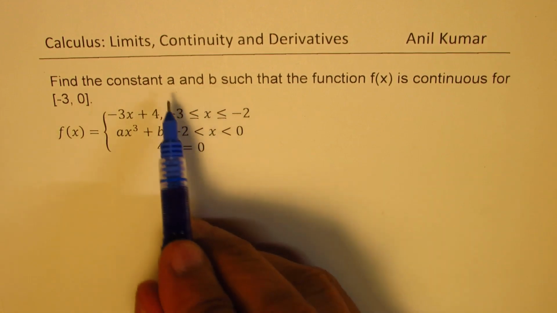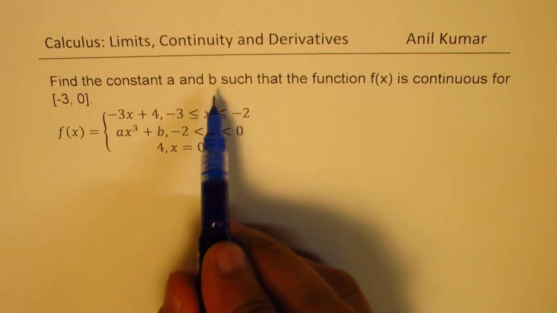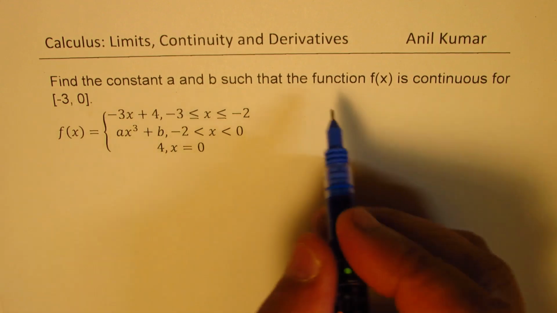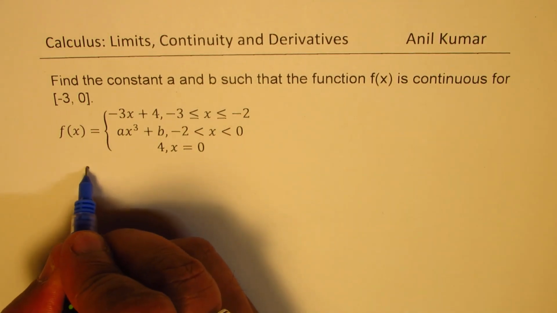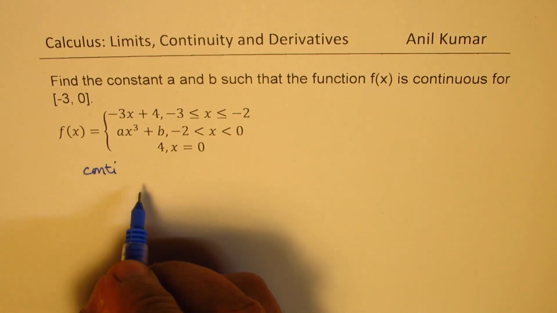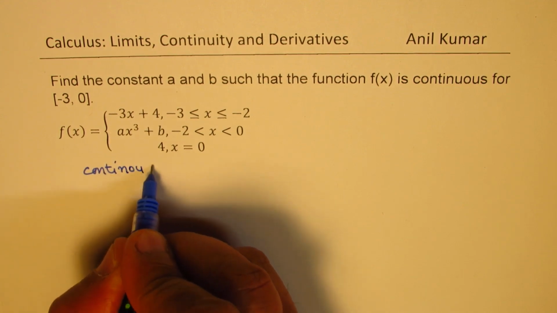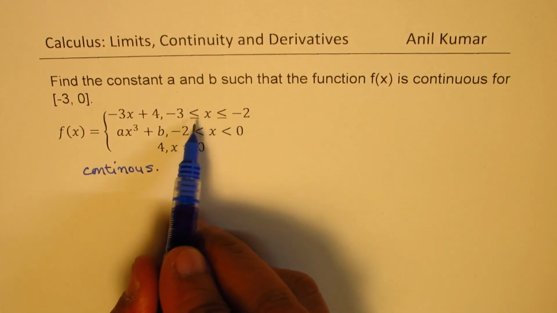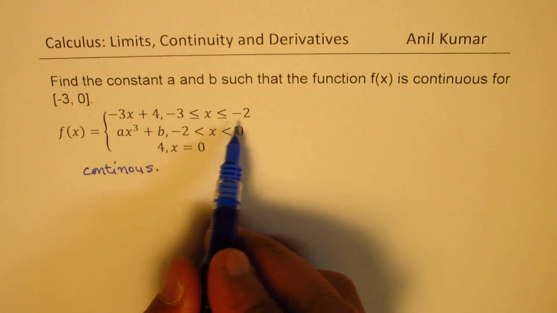We need to find a and b, two unknowns, so we should get two equations. For the function to be continuous, what should be true? Well, their values at minus 2 should match, right?